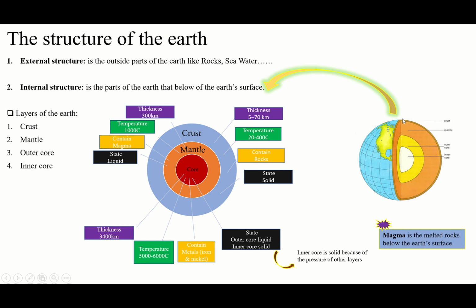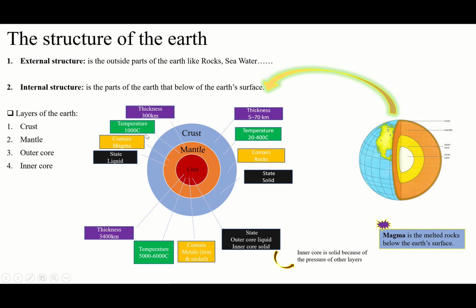This is the surface, this is the mantle. So be careful, don't say on the surface. It's below the surface, because if we take magma out to the surface, the name will change. We will study that in other lessons. But be careful: if you say magma, it must be below the Earth's surface.